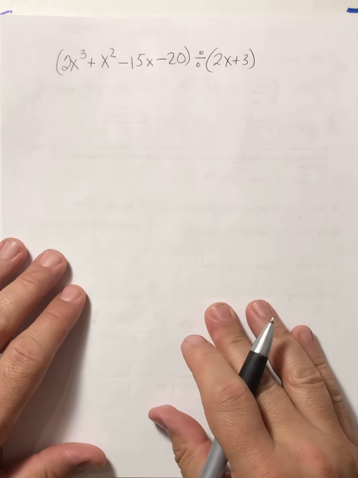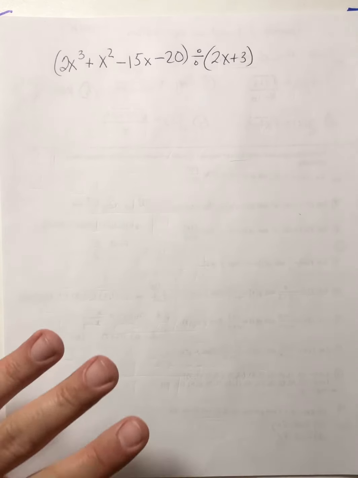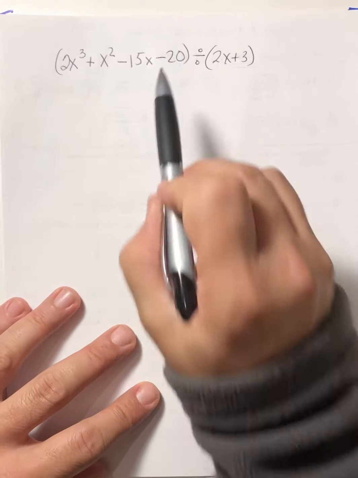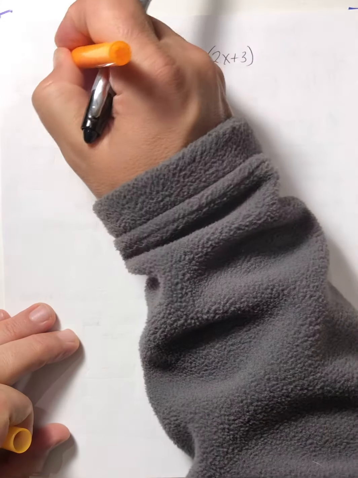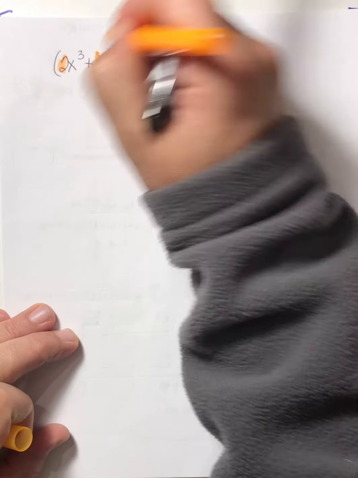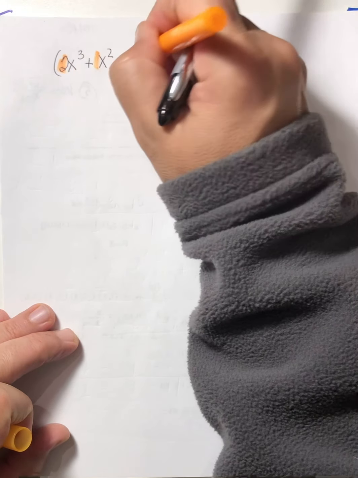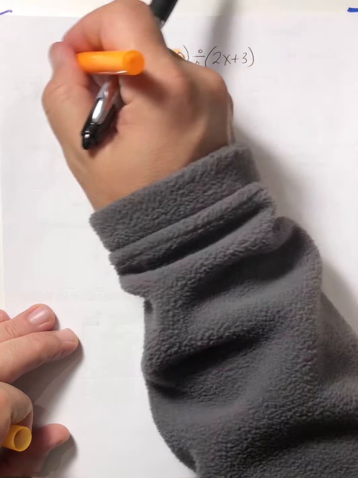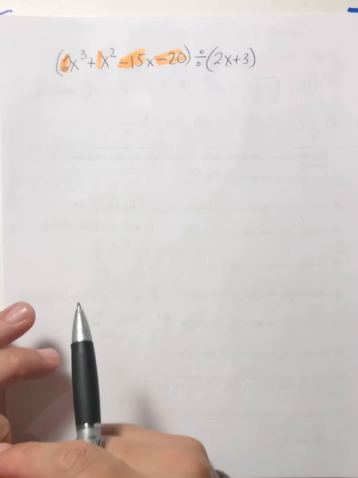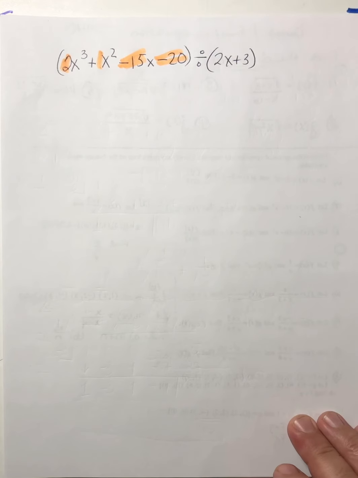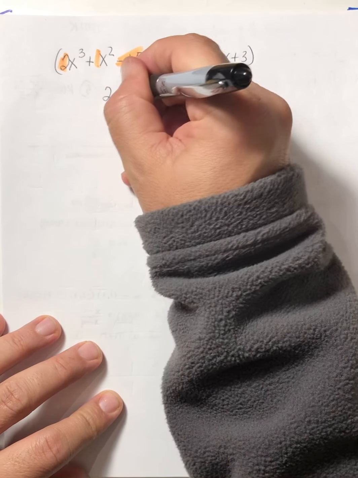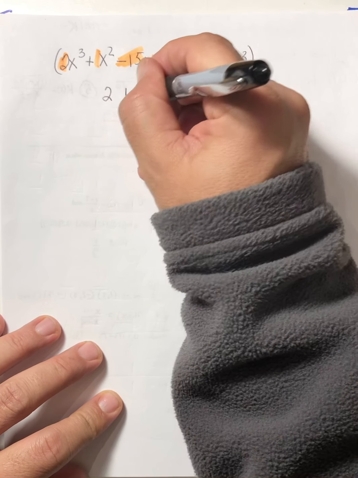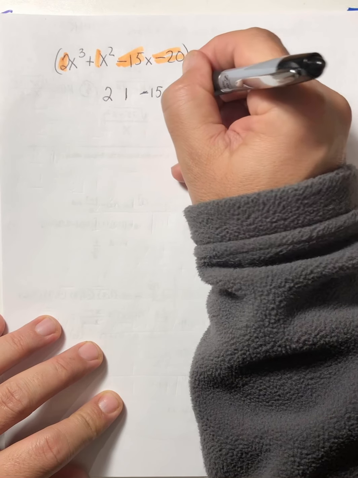All right. So everything's the same way. We're going to do our synthetic division. That's right. Here's your coefficients. There's the 2, right? There's a 1, negative 15, negative 20. We're not missing any terms here. That's a third degree equation. We're not missing any terms. Okay, so 2, 1, negative 15, negative 20.